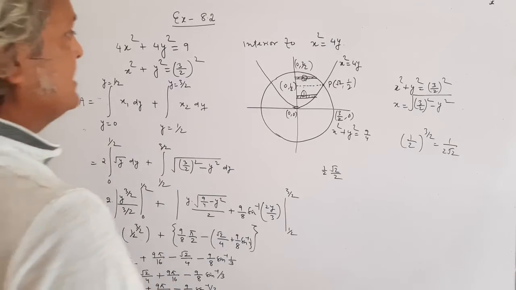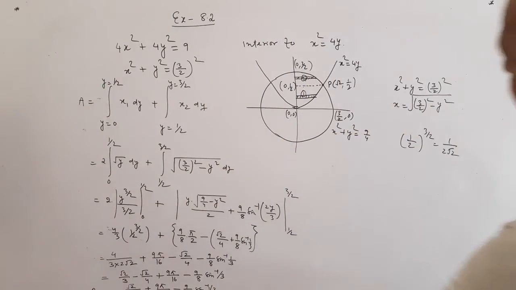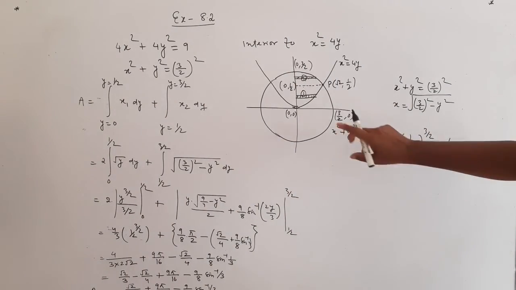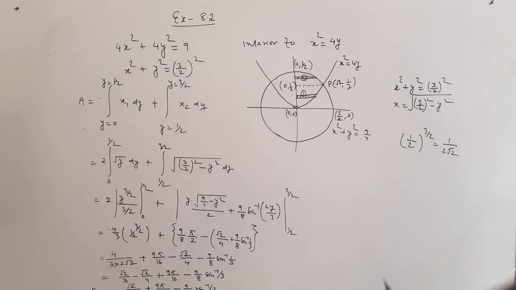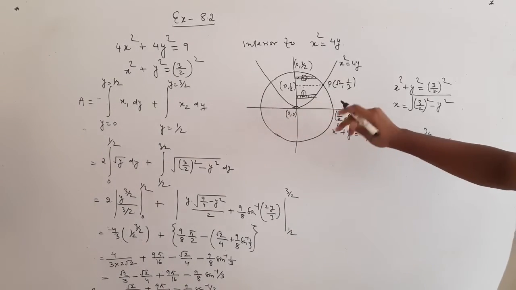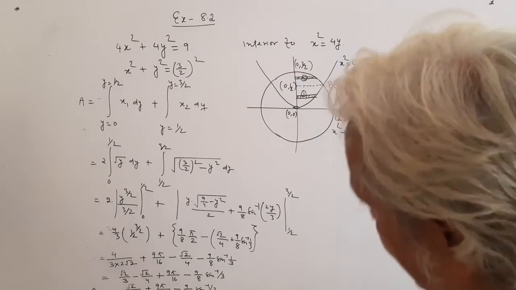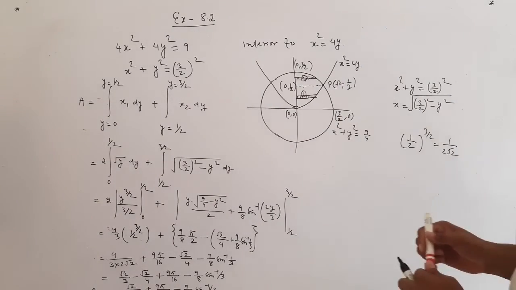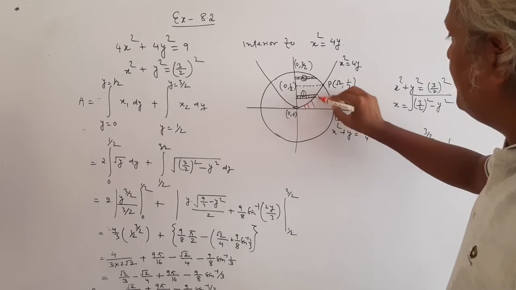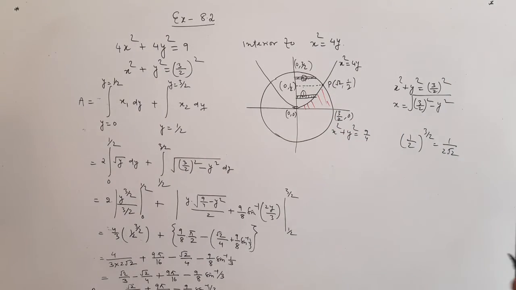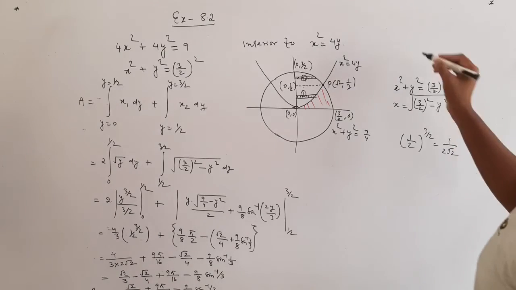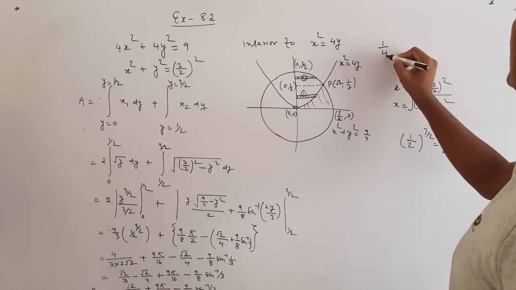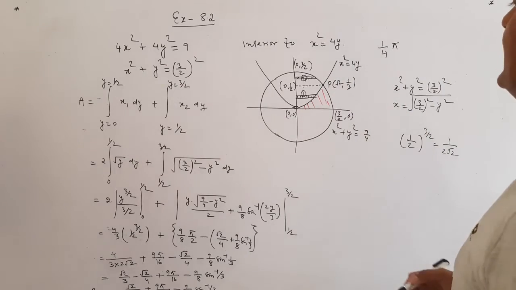But they are asking us to find the area interior to this. So I find that this may be the area interior to this. Now how do you find the area of this part? Let me shade it with the red pen. So if I find the area of this first sector, that is 1 by 4 pi r square. So 1 by 4 pi, what is r square?